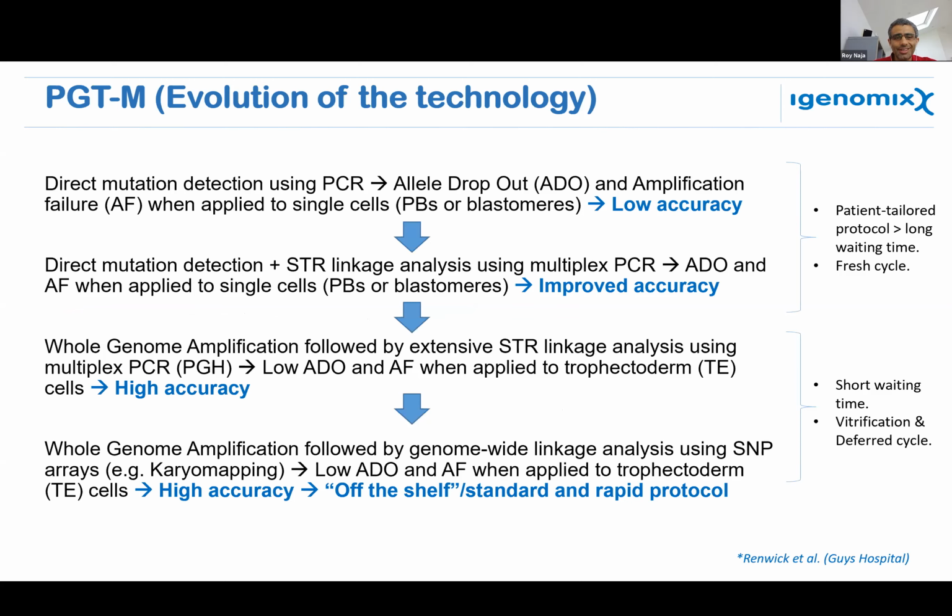Now, a little bit about the evolution of the technology. I started in Joyce's lab many years ago, doing what we called direct mutation detection using PCR on a single cell, the blastomere, taken from a cleavage stage embryo. So we had one shot in making this PCR work. If the PCR didn't work, that's it.